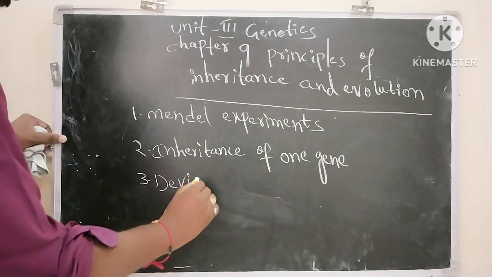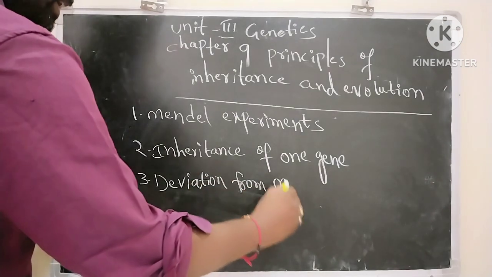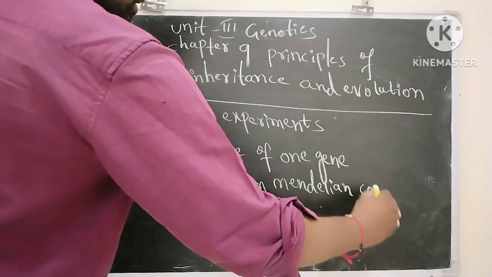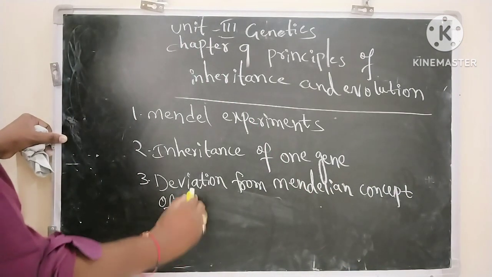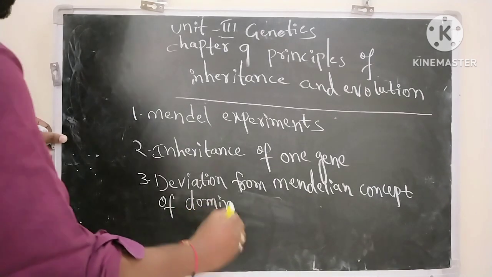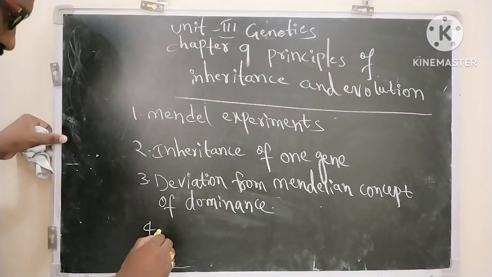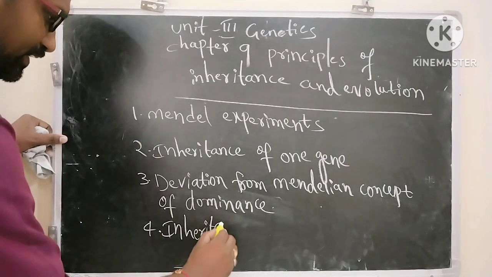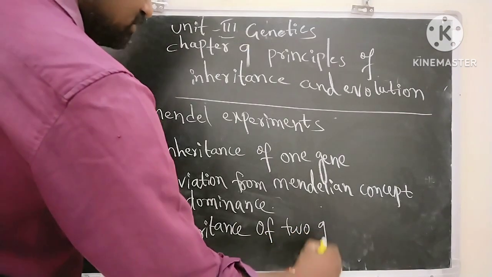Third, deviation from Mendelian concept of dominance. Fourth one, inheritance of two genes, which means dihybrid cross.